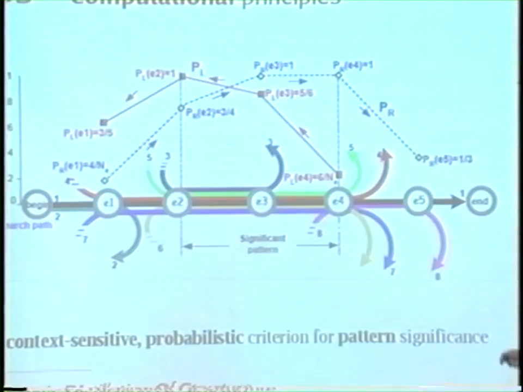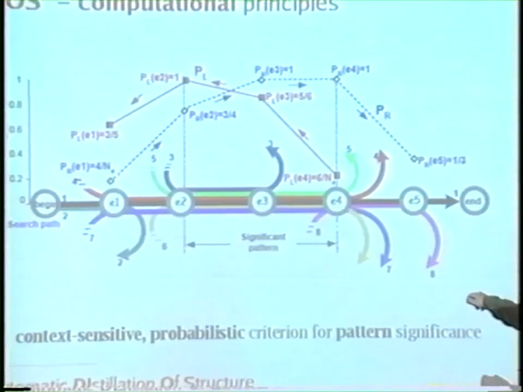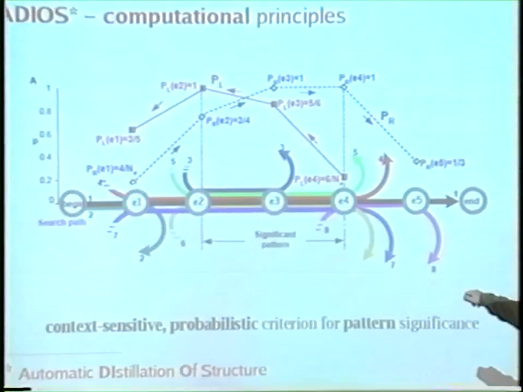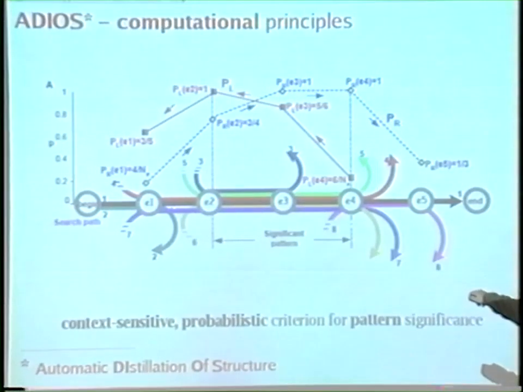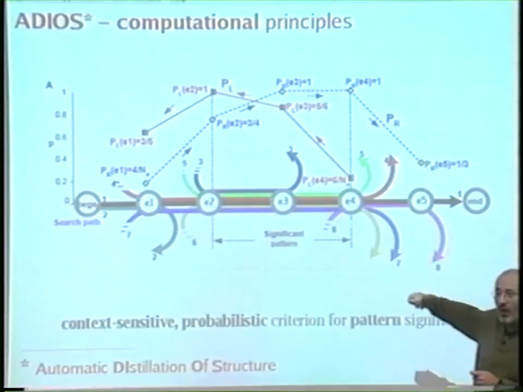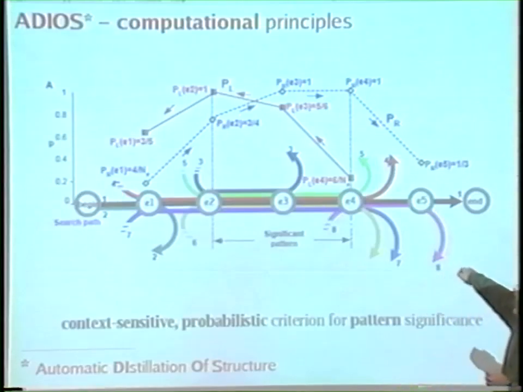It's pretty cumbersome. So what happens is we can quantify basically by counting the number of paths that go through E1, what's the total probability of ever passing in that corpus through E1. Then we can ask for E2, what's the probability of getting to E2 having passed through E1. And that's what those probabilities signify.